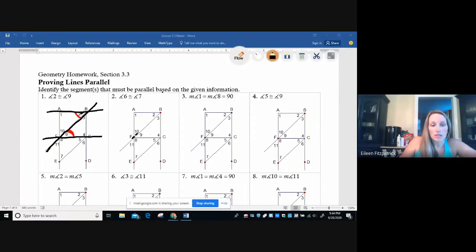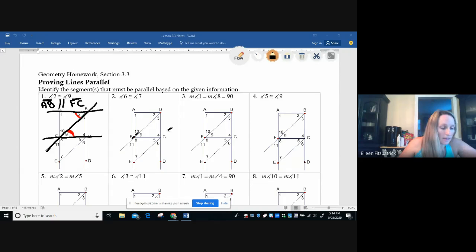And when alternate interior angles are congruent, what do you know about the lines AB and FC? You know that AB is parallel to FC. So that's what we're going to say. We're going to say AB is parallel to FC. And I'll put a segment bar over top because they really are segments in this diagram. Segment AB is parallel to segment FC.